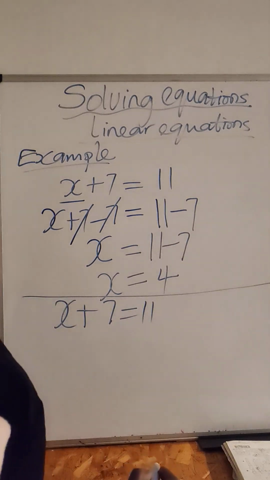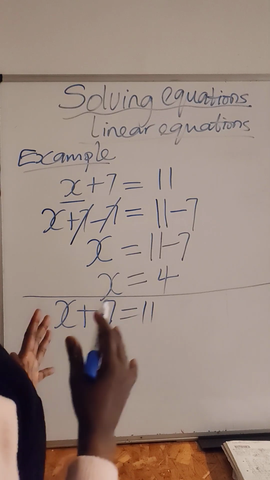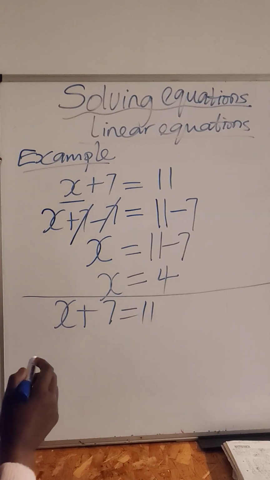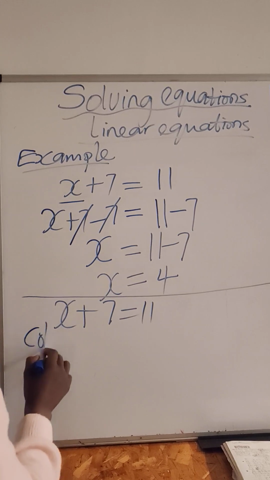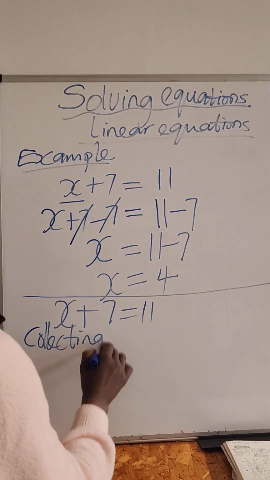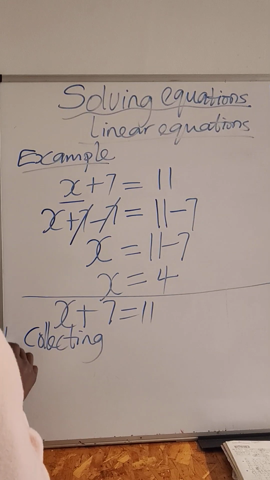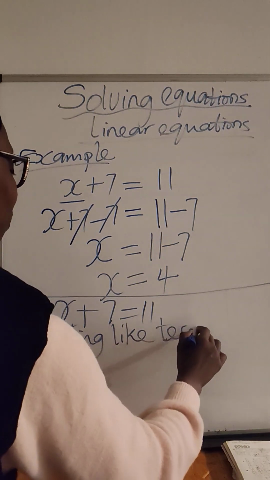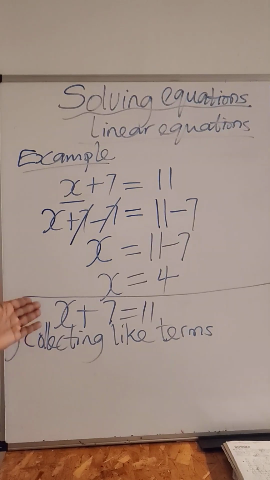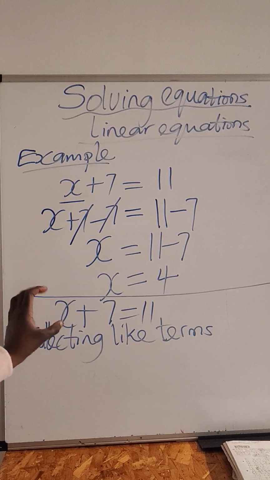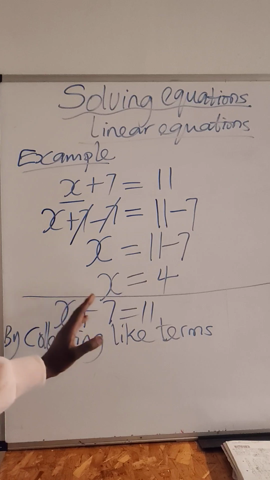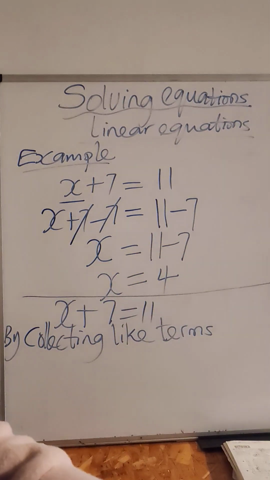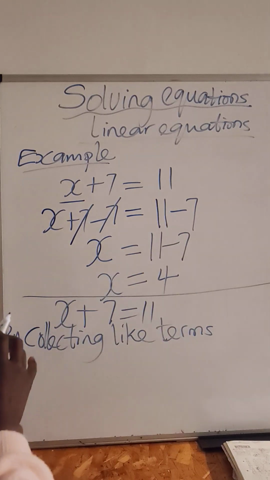This method is collecting like terms. Obviously, x is the only letter here; 7 and 11 are numbers. So we want to bring the numbers to one side and the letter to another side.